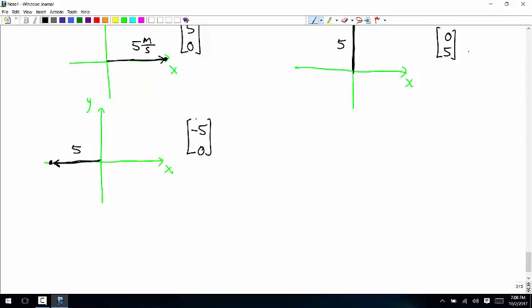You could use cosine and sine the same way, and it comes out just the same. Here that would be 5 times cosine and sine of 180, giving you negative 5, 0. Whenever you have them on those 4 axes, it's pretty easy to eyeball once you get used to it. The last one is in the negative y direction, so that would be 0, negative 5.